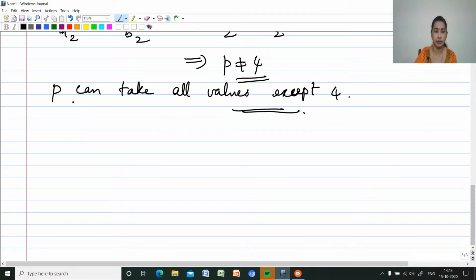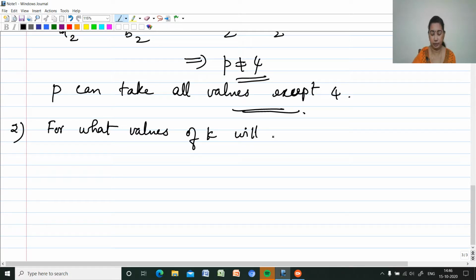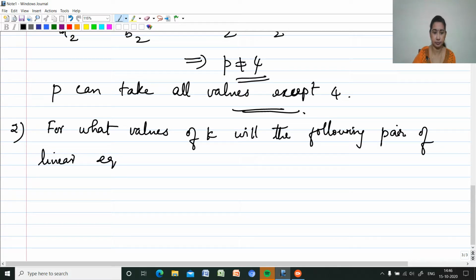Okay, then the next one. For what values of k will the following pair of linear equations have infinitely many solutions?